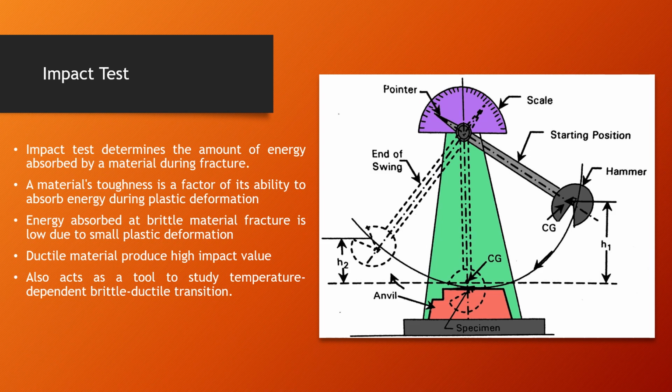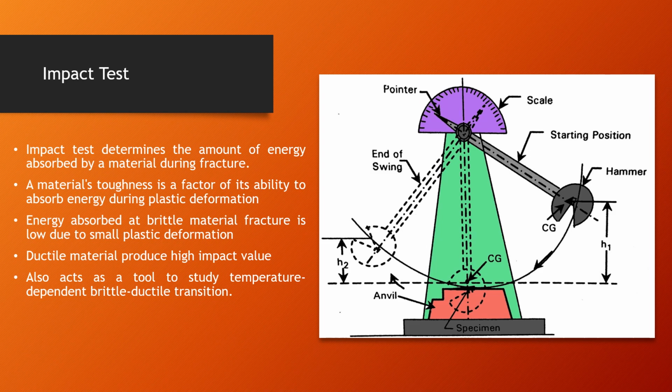During the fracture, the impacting body loses some of its kinetic energy to the fractured specimen, which is absorbed by the specimen. Now, this energy absorbed is a good indication of a material's toughness. A material's toughness is basically its ability to absorb energy during plastic deformation.